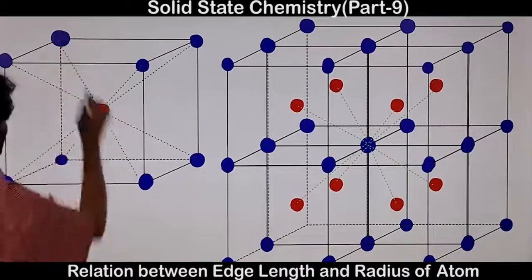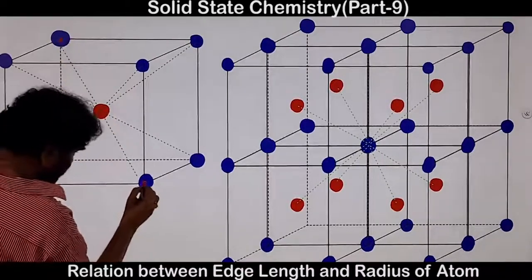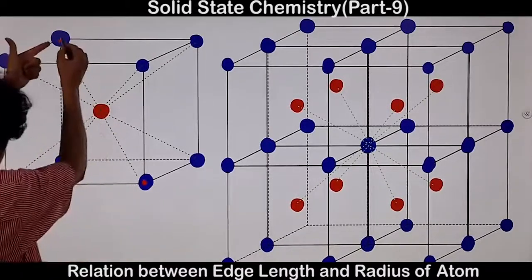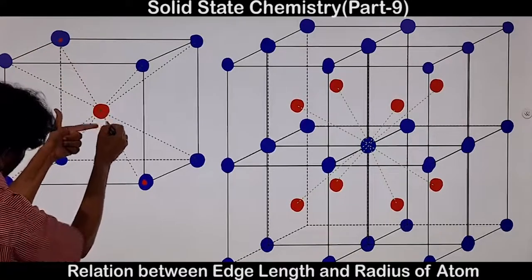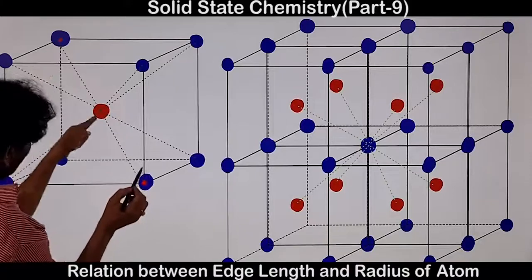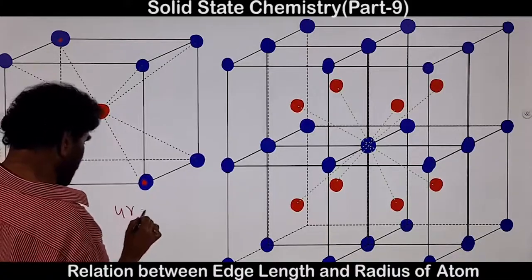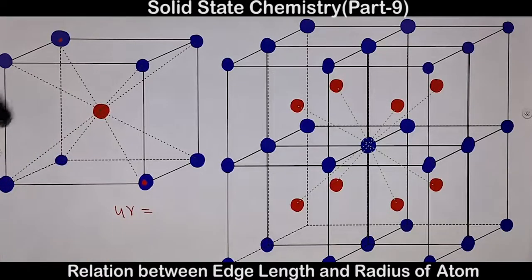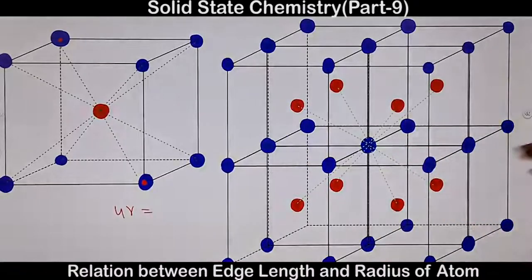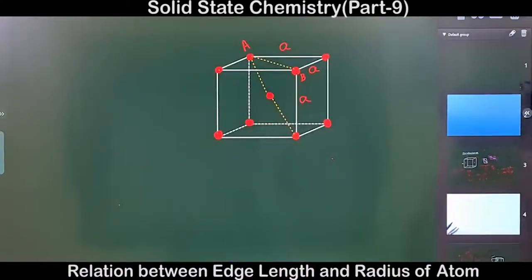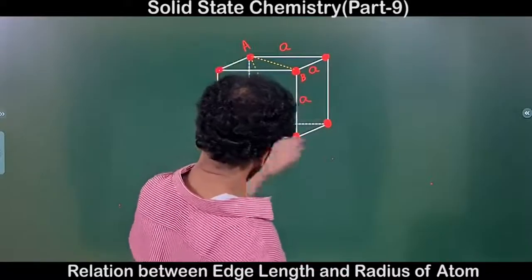The total distance between this nucleus and this nucleus is r, 2r, r, that is 4r. The body diagonal is equal to 4r. So 4r is the body diagonal here. Okay, this is the relation.